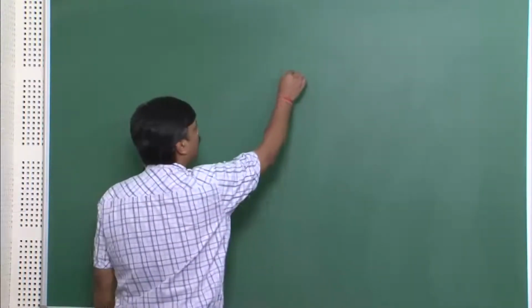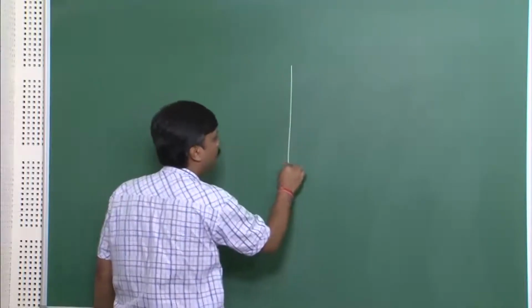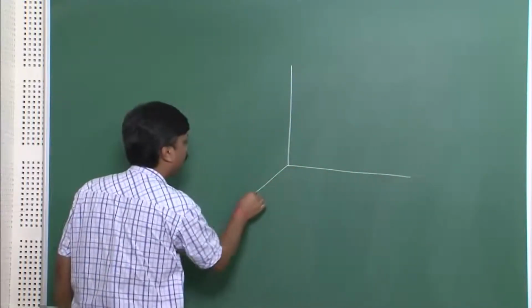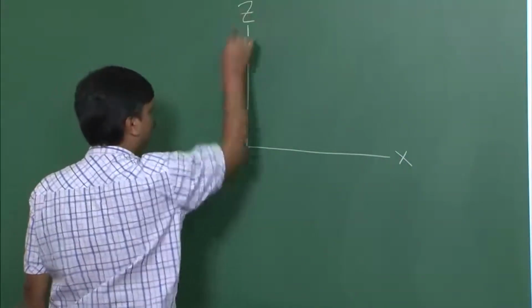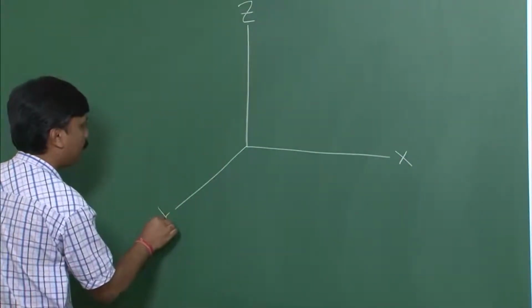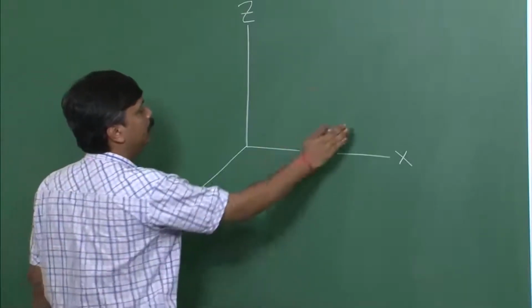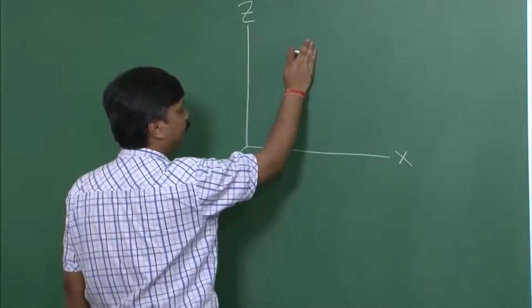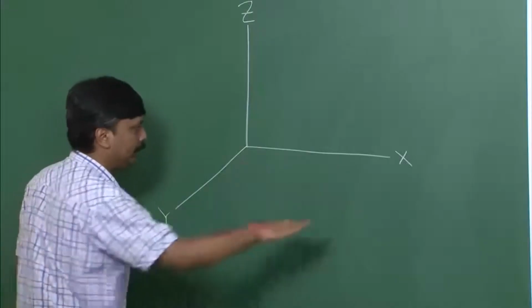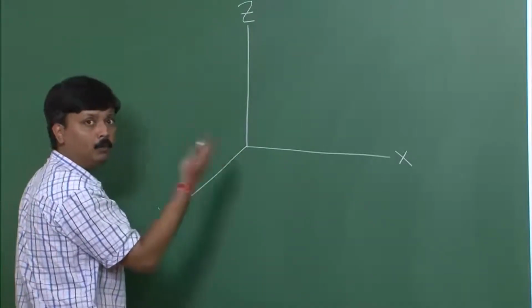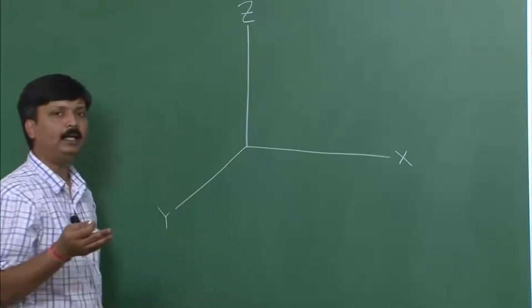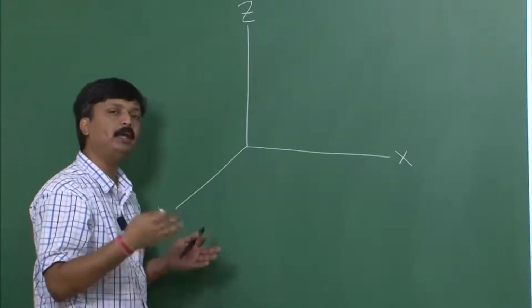So suppose I have my coordinate system given like this. This is my xz plane, and this is my xy plane, and this side is my yz plane. Now suppose I take any of the given planes to be my reflection plane.